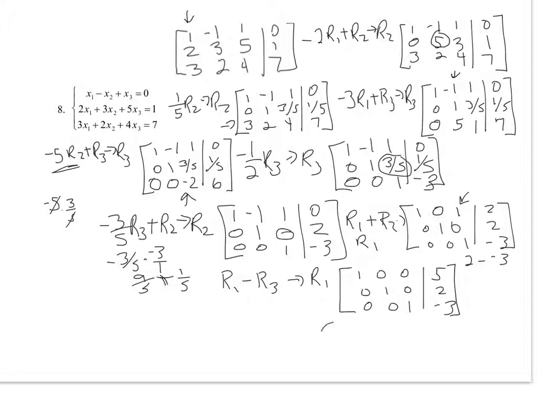You can express your answer as an ordered triple instead of an ordered pair. And that would mean that in the first, the x1 variable, the answer was 5. The x2 variable has a value of 2, and the x3 variable had a value of -3. So the ordered triple 5, 2, -3 is your solution. Next slide.